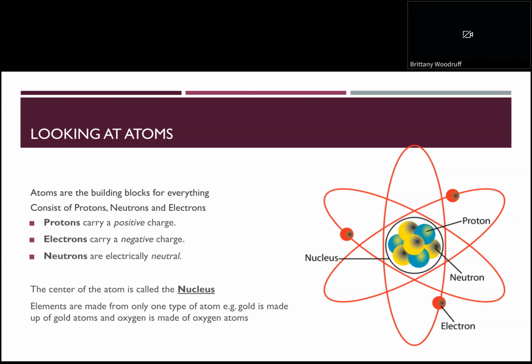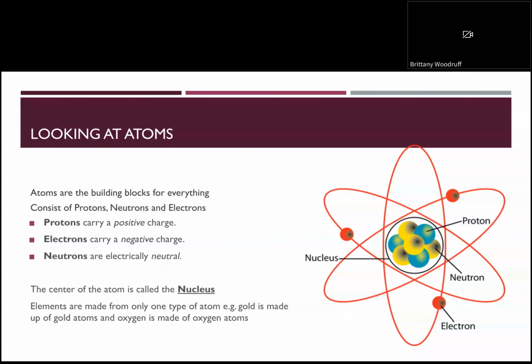Atoms are the building blocks of everything. We already talked about atoms very briefly. We said that they are the smallest thing. Neutrons. And I have a nice little summary table. We'll come back to the summary table.